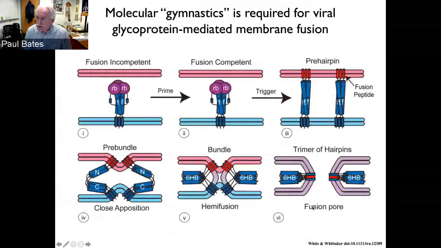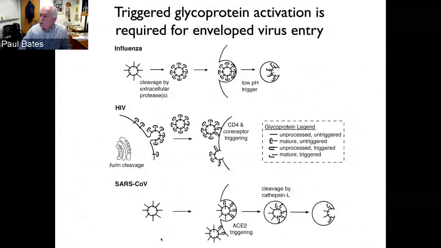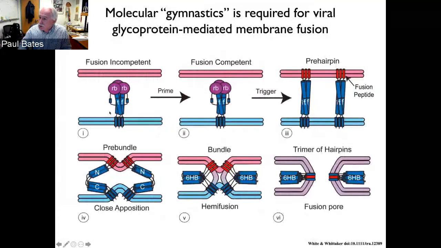Now, to accomplish this, the viral glycoproteins really have to undergo a lot of gymnastics. For coronaviruses, and for SARS in particular, we know that the glycoprotein exists in a fusion incompetent state on the surface of the virus. When it's incorporated into the virus, it's fusion incompetent. It has to be primed, and that priming event is similar to the priming event that occurs for a number of structurally related viral glycoproteins.